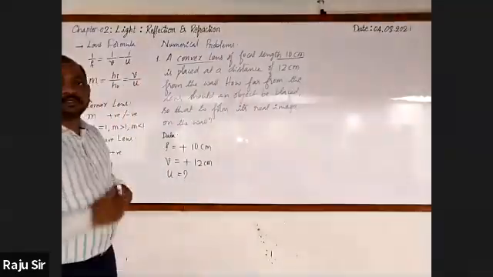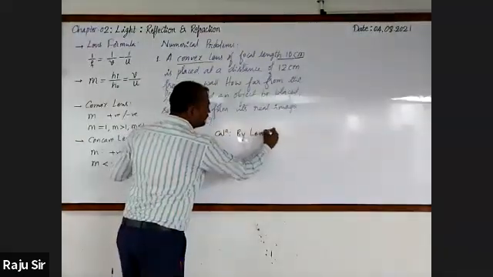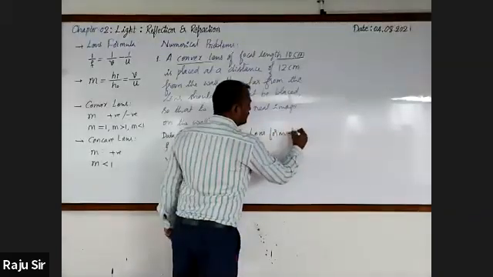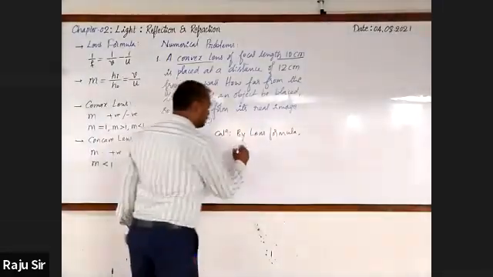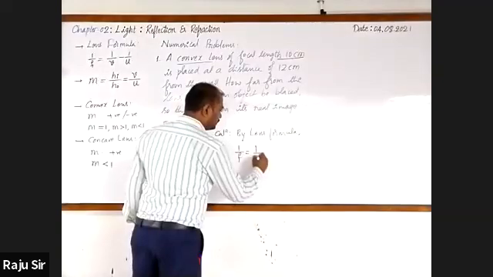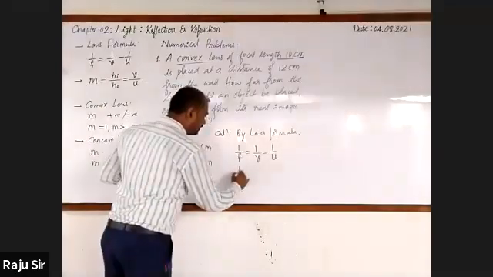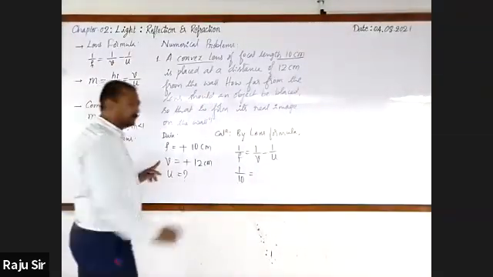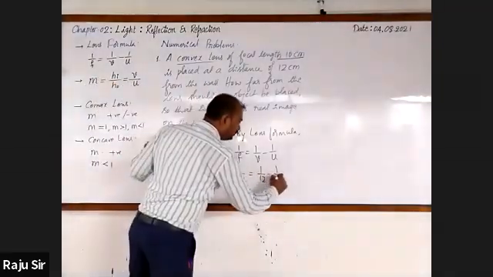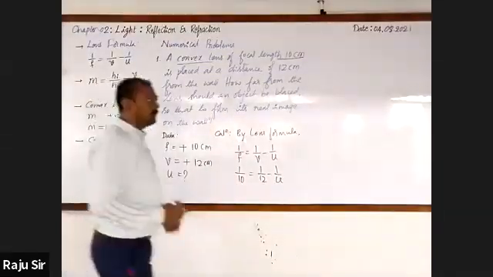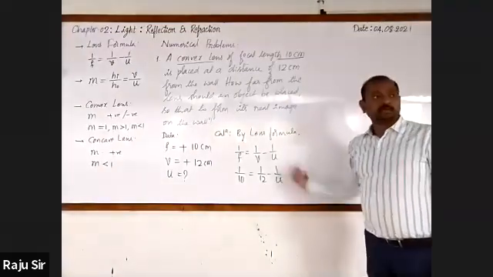Let us use the lens formula. Who are writing with me? By lens formula, 1 by F is equal to 1 by V minus 1 by U. Substitute: 1 by 10 is equal to 1 by 12 minus 1 by U. Let us solve for U. Hence, I go for transferring minus 1 by U to the left hand side.